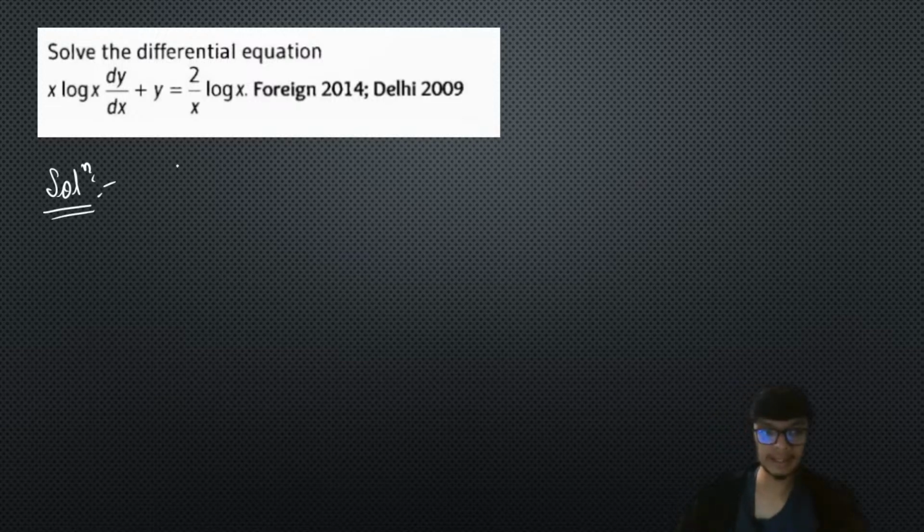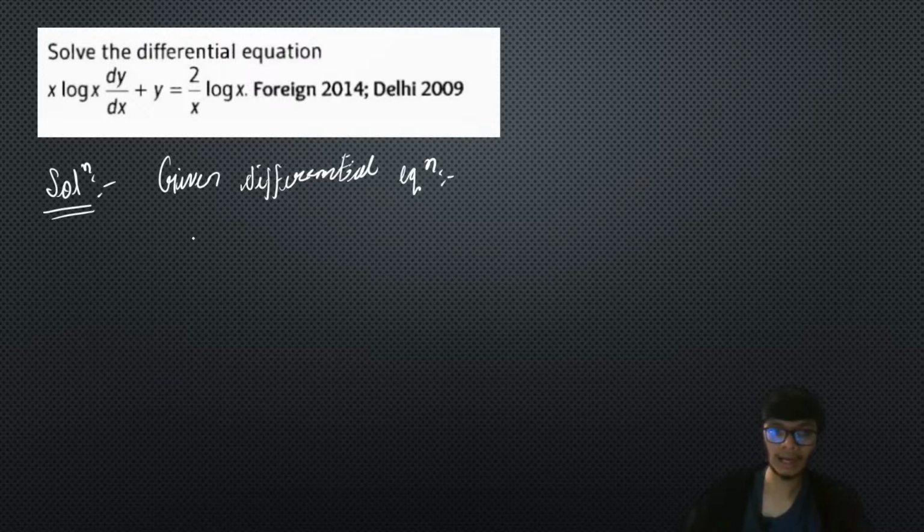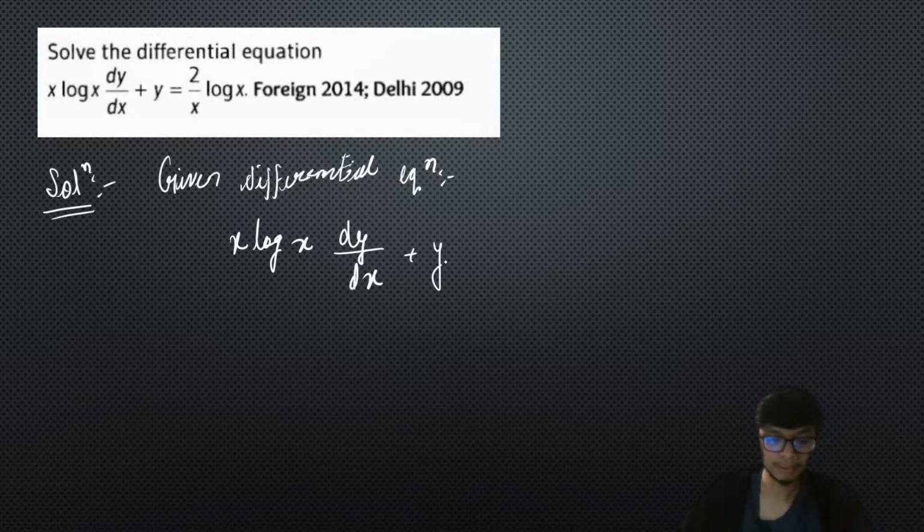If you look at the problem again, I will write the steps. The given differential equation is x times natural log of x dy upon dx plus y is equal to 2 upon x times log of x, right?